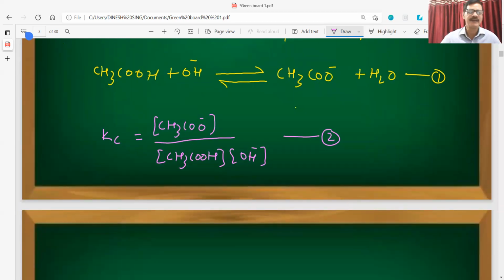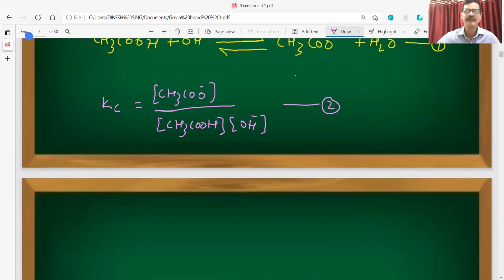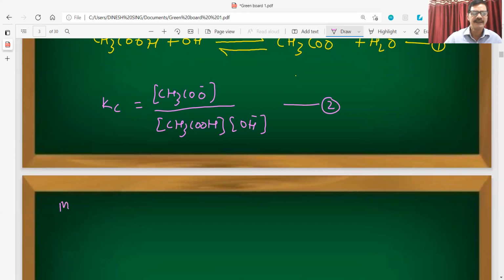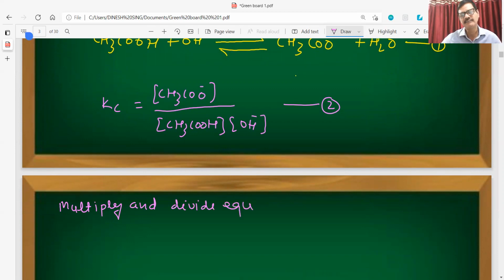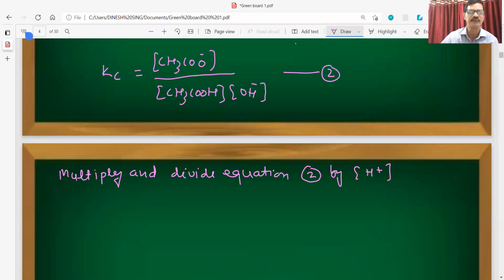Now we can multiply and divide equation 2 by H positive ion. So there will be no effect overall on equation 2.